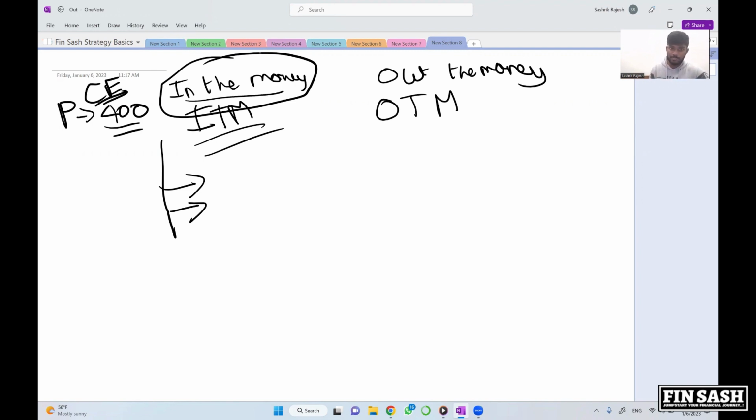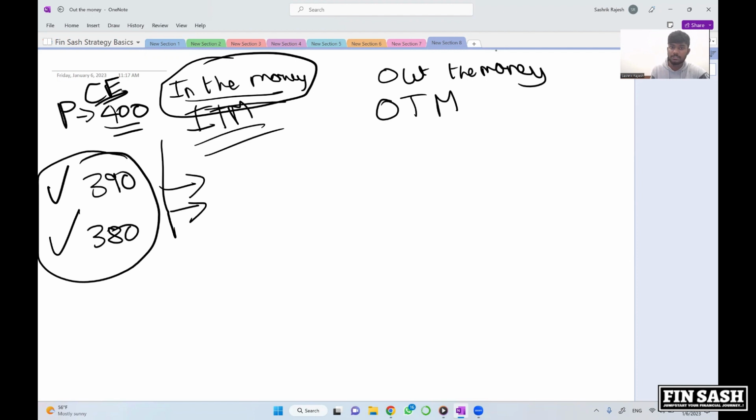What's in the money? Is Tata Motors above 390? Yes. Is Tata Motors above 380? Yes. So whenever the condition is true, that is in the money.